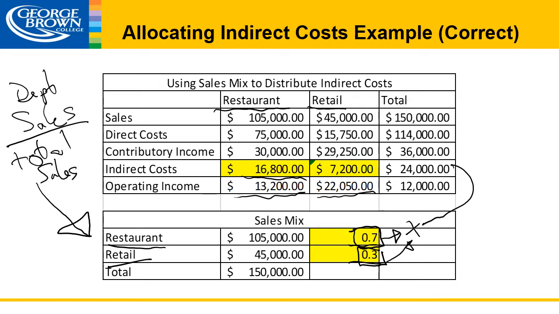Whereas if you had allocated it based on sales mix, it may still be making money. So you would actually lose more money by closing the retail store. So it's important to be able to allocate our indirect costs and really understand that relationship with sales to be able to more effectively manage your costs.